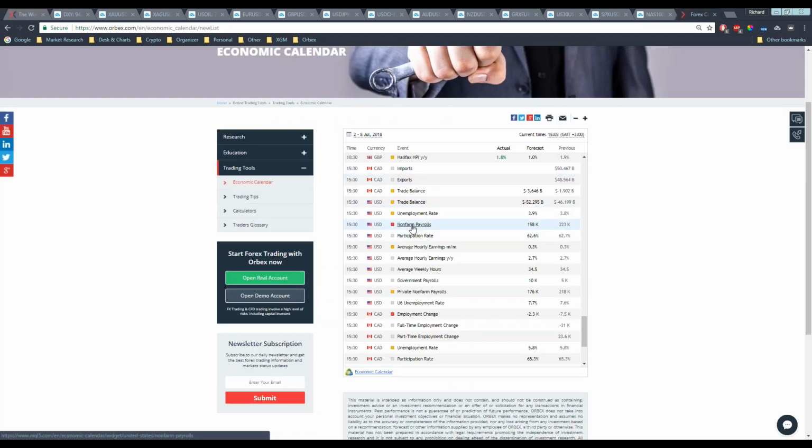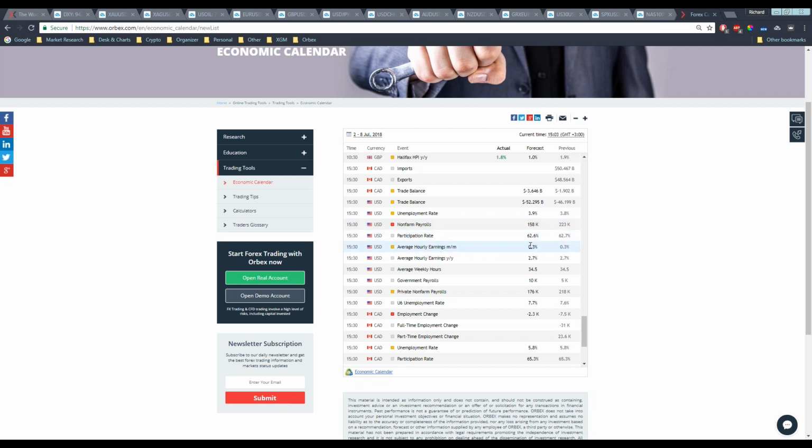It's an economic indicator which relates to the job sector, the private, let's say, government sector, of jobs being added. As we can see, there are the forecasts. The analysts are expecting a decrease versus the previous, which was 223k.